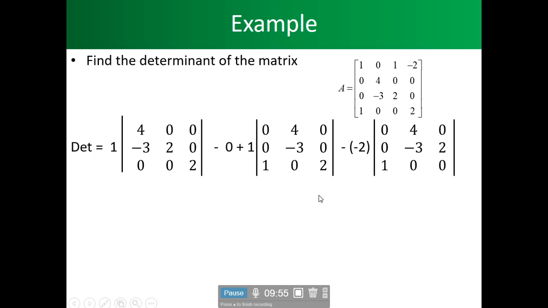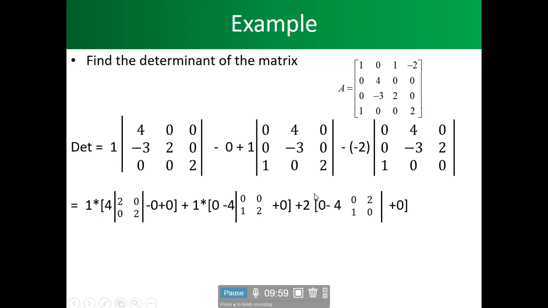Okay, and so what happens when we multiply these? Okay, let's see. What we find is we're going to do a 1 times, and now we're going to do this again. So we're going to take this 4 as our cofactor, put it out front, and now we just remove the first row and the first column and are left with this little square here.